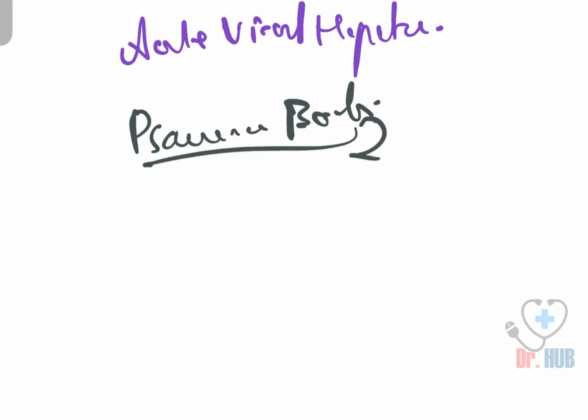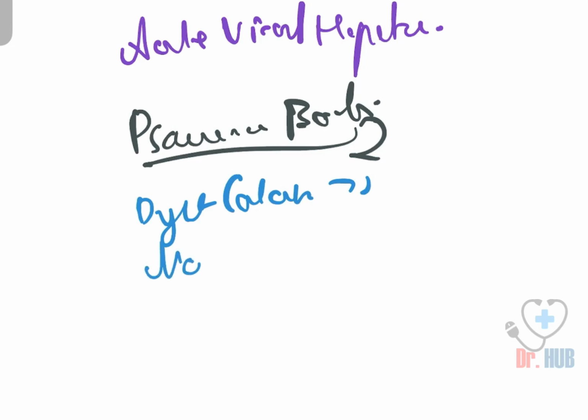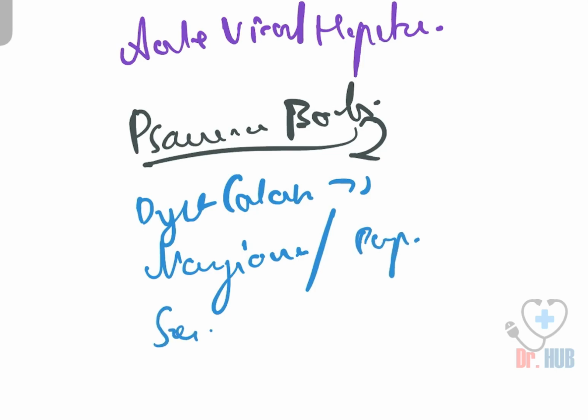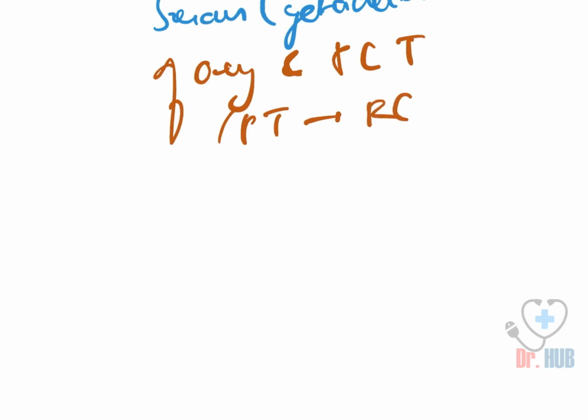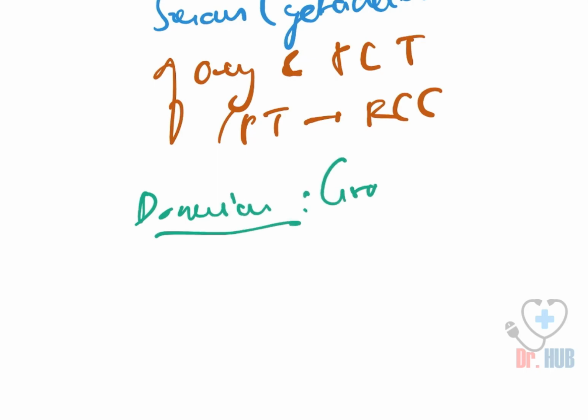The Psammoma bodies are seen in case of dystrophic calcification of the meningioma. Next, the papillary serous cystadenoma of the ovary, and the papillary carcinoma of the thyroid, then the papillary type of renal cell carcinoma. Next, looking at the Donovan bodies. The Donovan bodies are seen in case of granuloma inguinale.